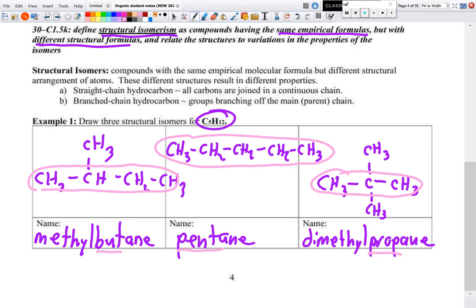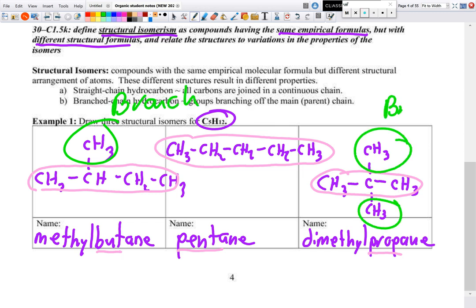So that's where these names came from. And as for branches, as I brought up before, if we have our longest chain in the middle right here, obviously this is a branch. And this right here are also branches. Sorry, that's a terrible way to spell branches. But yeah, that's where those words were coming into play.